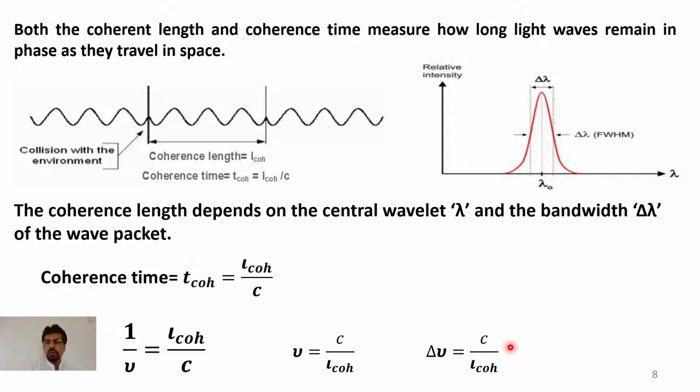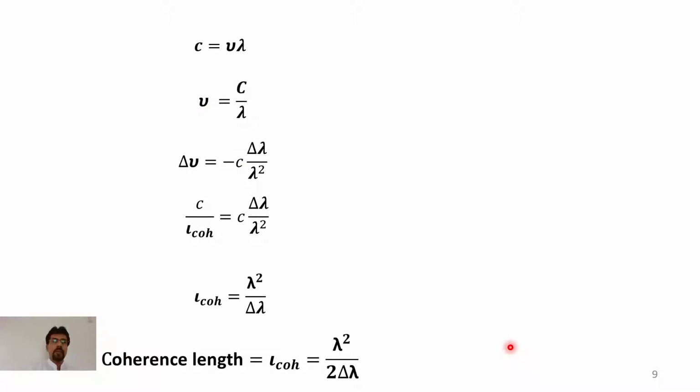In terms of the bandwidth, del nu is equal to c divided by the coherence length. We know the relation c equals nu lambda. Therefore, by rearranging, nu equals c divided by lambda. By differentiation, del nu equals minus c times del lambda divided by lambda square.